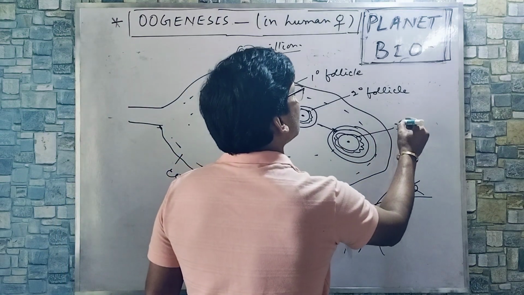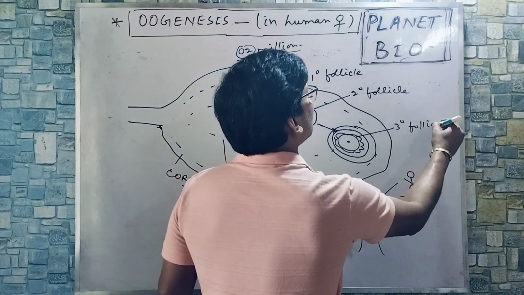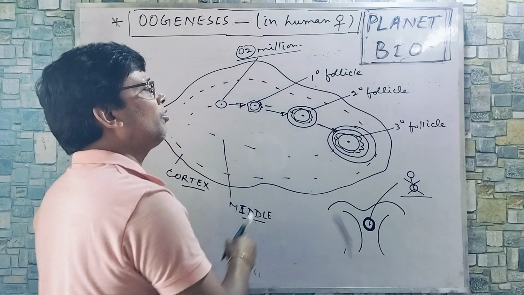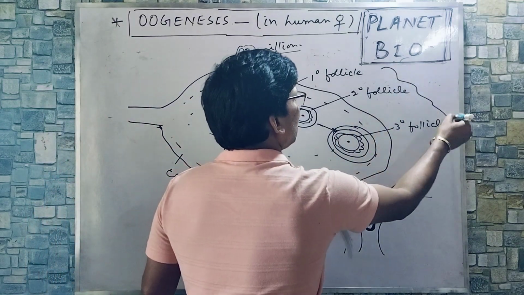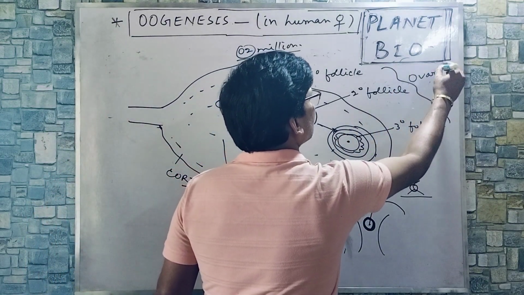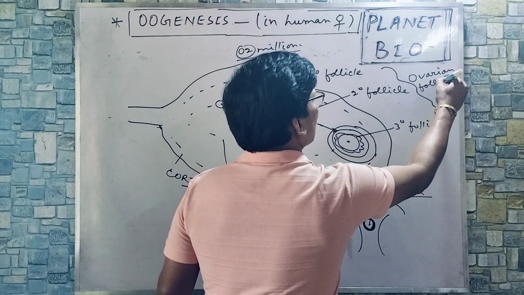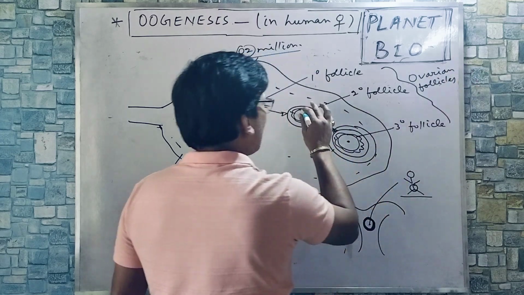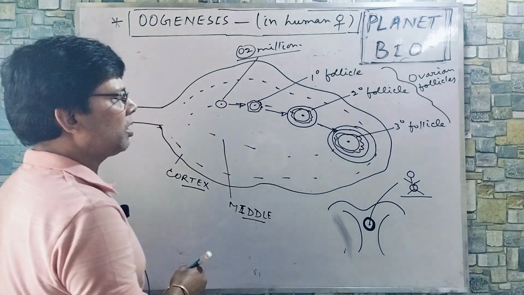This is called tertiary follicle. So these are ovarian follicles: primary follicle, secondary follicle, tertiary follicle.